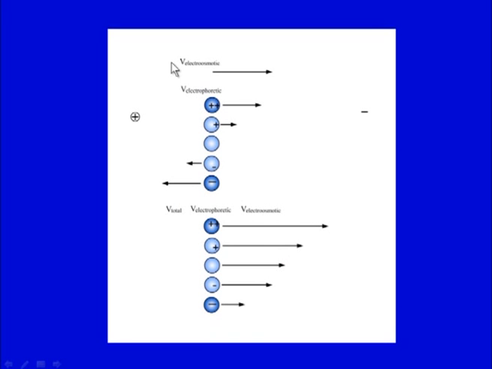Now, when you have electroosmotic flow, what is the movement of the charged species under this influence actually? If you see in this figure here, the velocity of electroosmotic flow, how these charged species move, there is a comparison here.